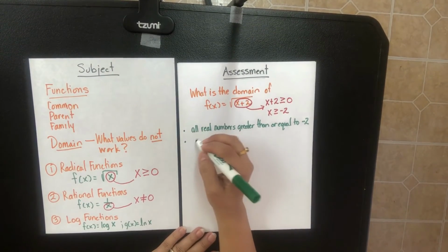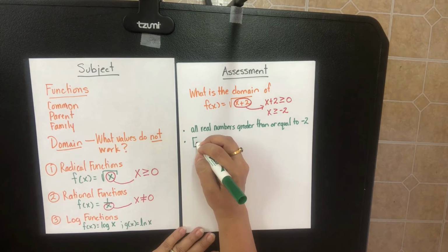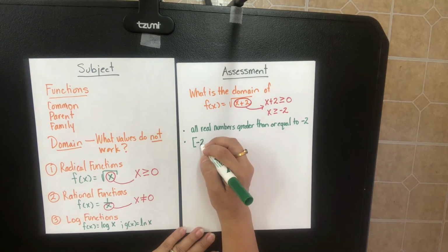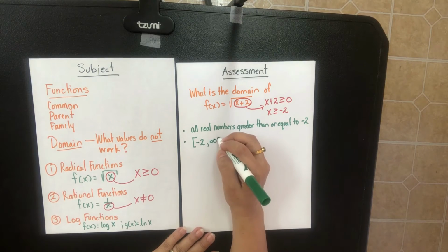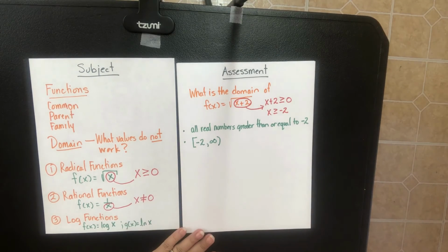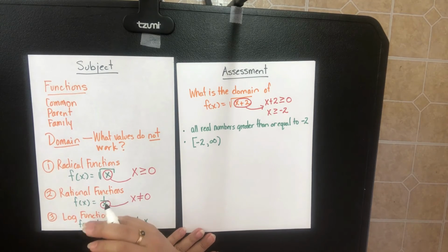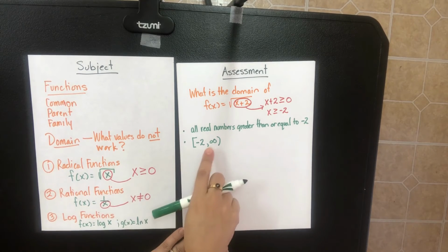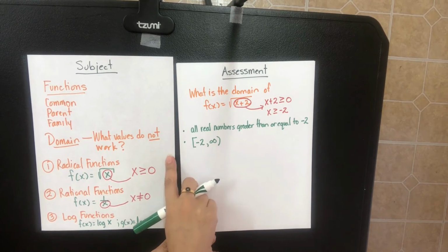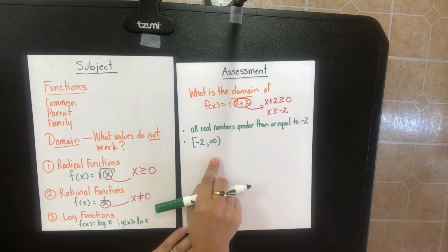So here we would say -2, and we're going to use a bracket, comma, positive infinity, and then a parenthesis, a closed parenthesis because it's on the right-hand side. So we never put a bracket on infinity, whether it's negative infinity or positive infinity. So that's how we would write that.